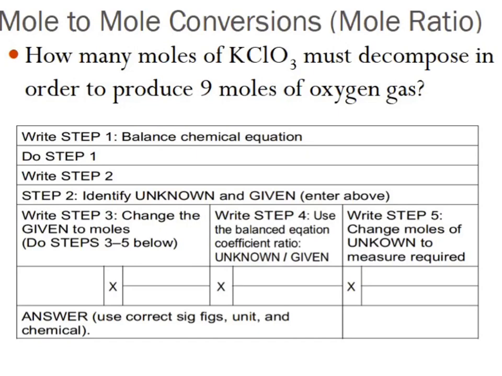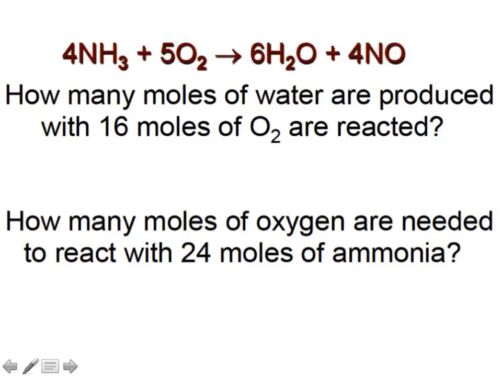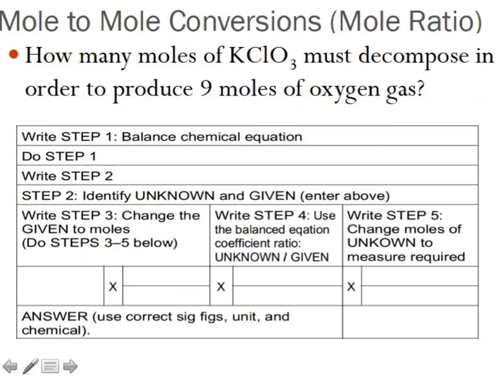So my balanced equation is going to be KClO3, and it's decomposing. What's it decomposing into? I know oxygen and KCl. So we go back and balance it. How do we balance it? 2, 3, and 2.